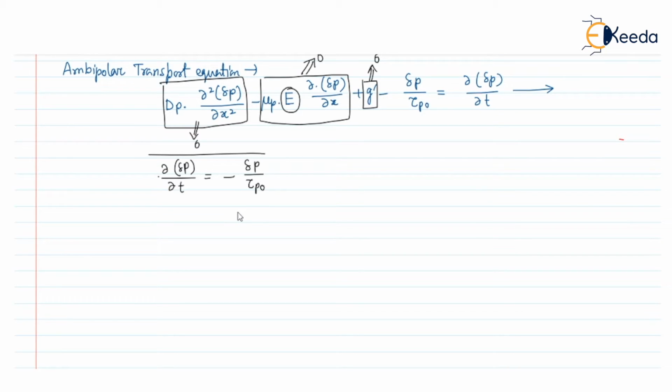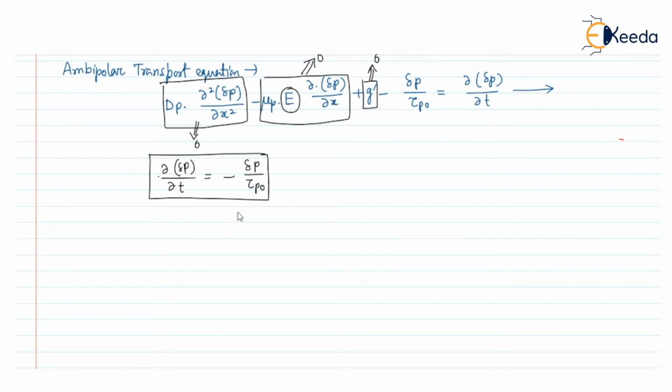This is the final equation that can be written from the ambipolar transport equation after putting in all the conditions. So we have modified the ambipolar transport equation using the situations given in the question.